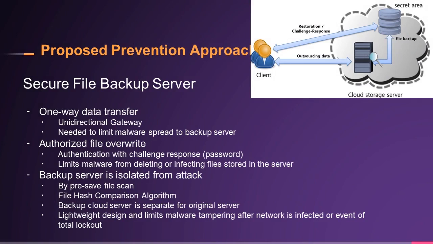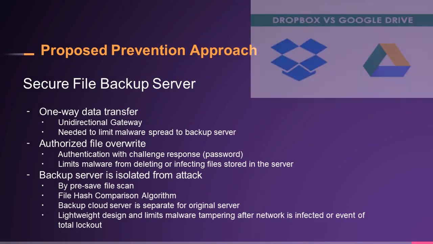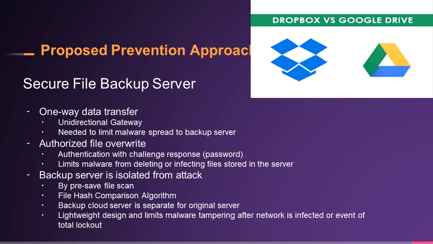And of course the isolated part, because it can be affected fairly easily, and it needs all these things to check to make sure it does not get affected by getting scanned and all that. And then also here you can see The Dropbox or Google Drive as one of the safe methods that would be the backup cloud server.